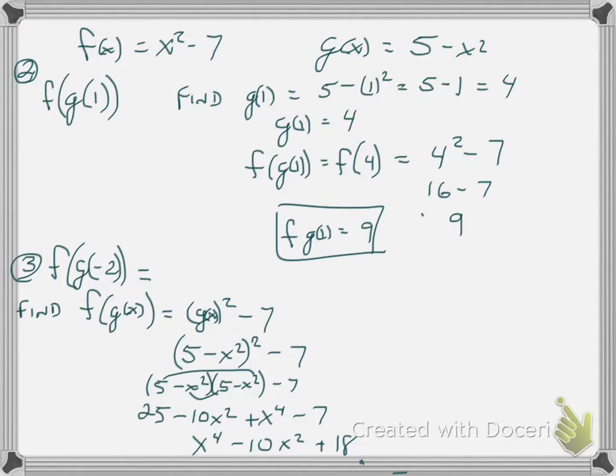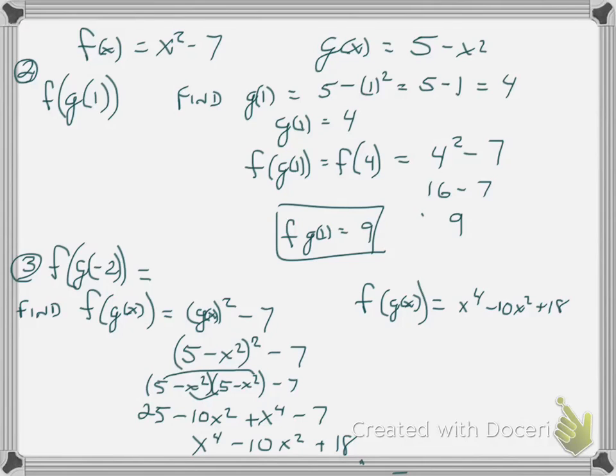I've moved it over a little bit to give me some more room. Now that's what f of g of x is: x to the fourth minus 10x squared plus 18.